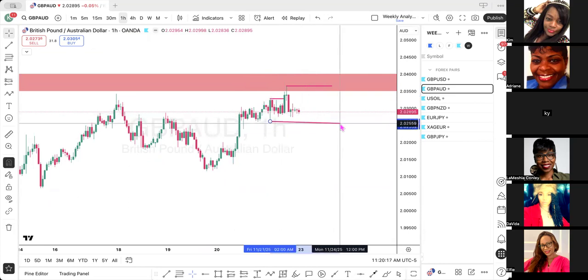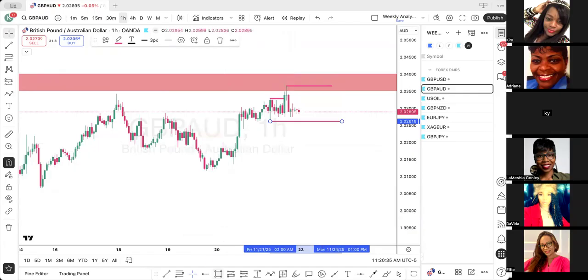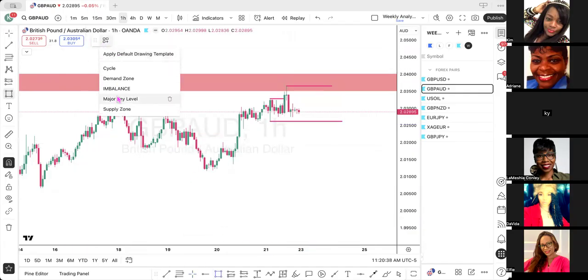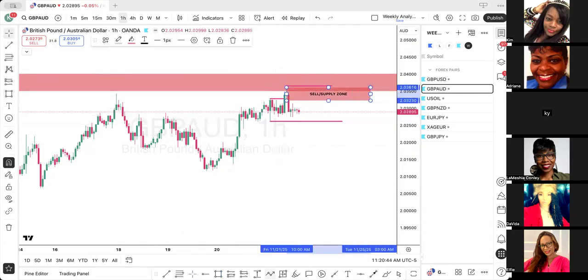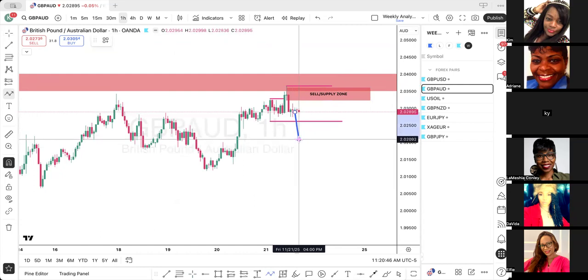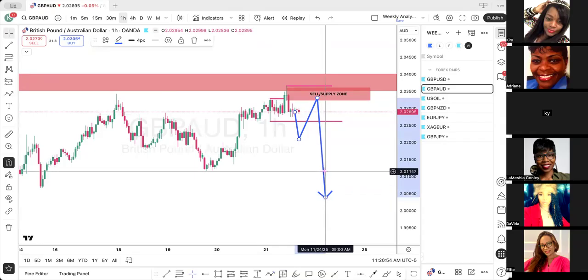So if I were trading GA, I would set an alert, crossing down, bar close. Once you get the alert, you can mark up your supply zone. So let's just say price closes below here. Then you're going to mark up this zone to look for the sell. That's what I see for GA.